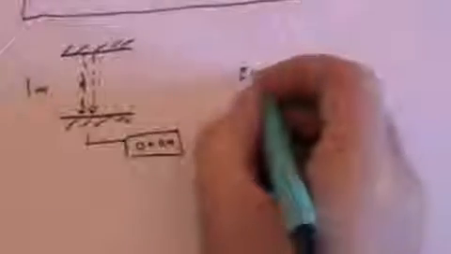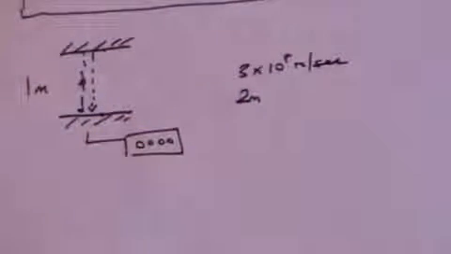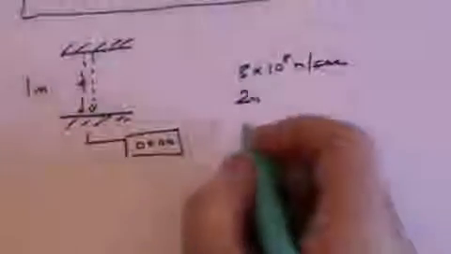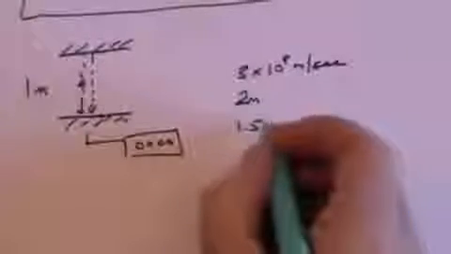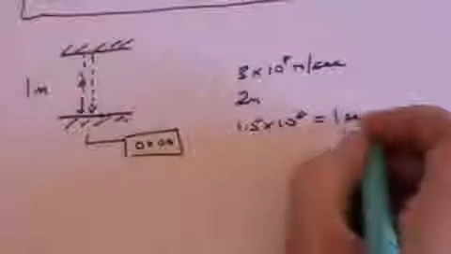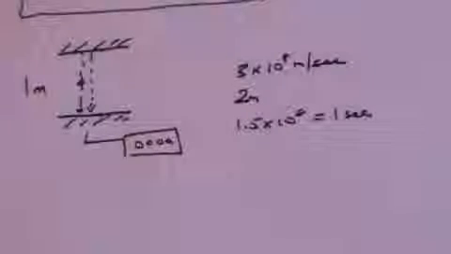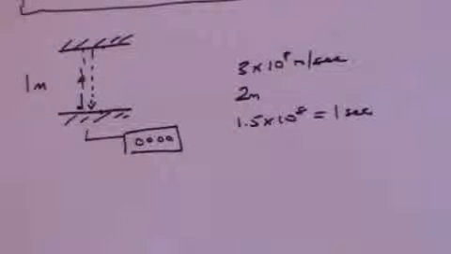We know that the speed of light is 3 times 10 to the 8 meters per second, and we know that the journey from the bottom mirror to the top mirror and back again is a journey of 2 meters. So when that light pulse has completed 1.5 times 10 to the 8th cycles, 1 second has gone past. And so we can make a clock which simply records the number of times the pulse goes up and down.